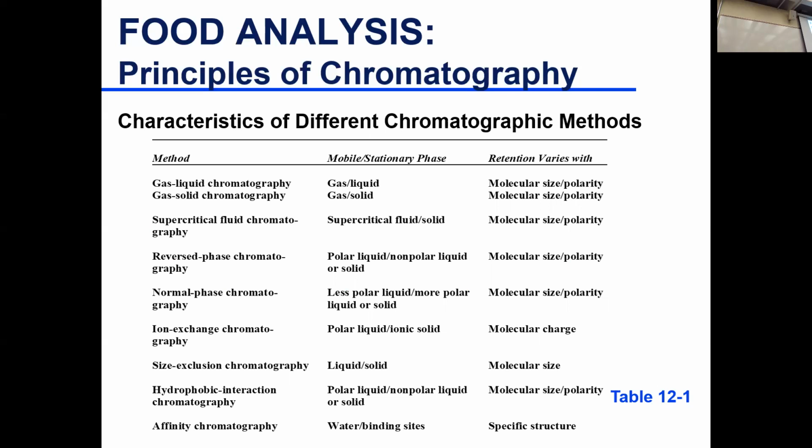Size exclusion, only on size. Hydrophobic interaction is how strong it interacts with the hydrophobic surface. So molecular size and polarity, and affinity is very unique to structures or specific structures. So this is a good summary table for you to study from.